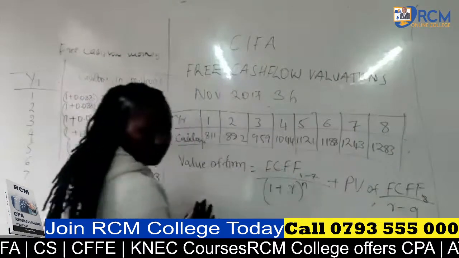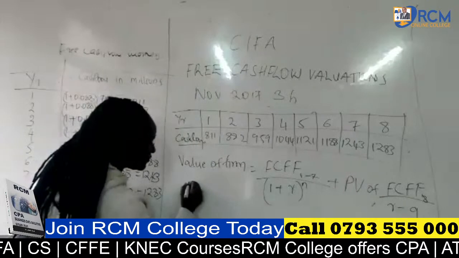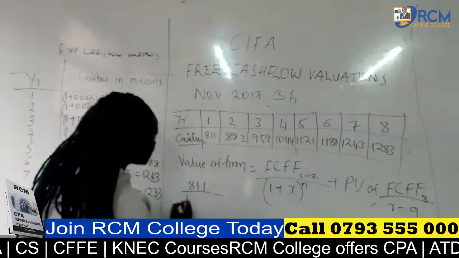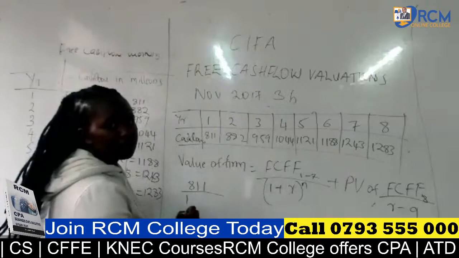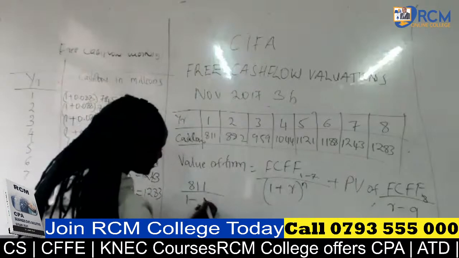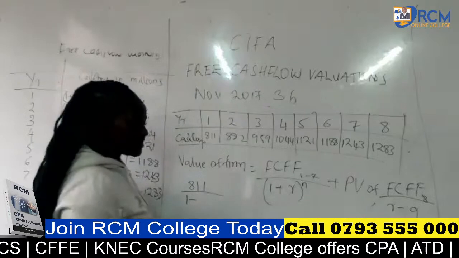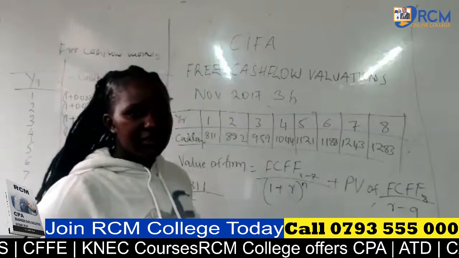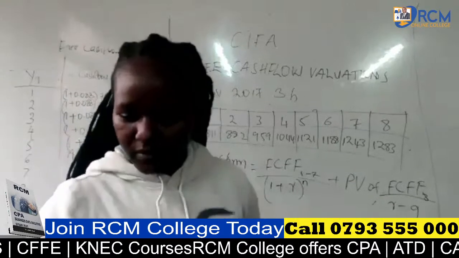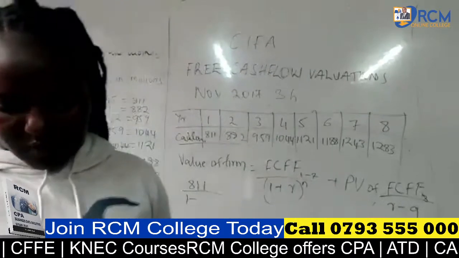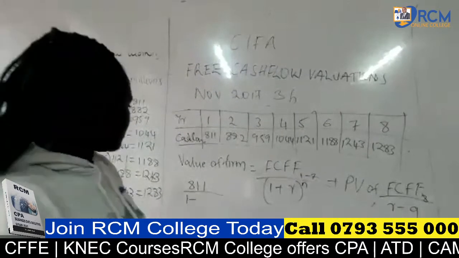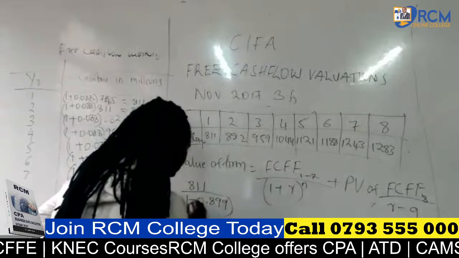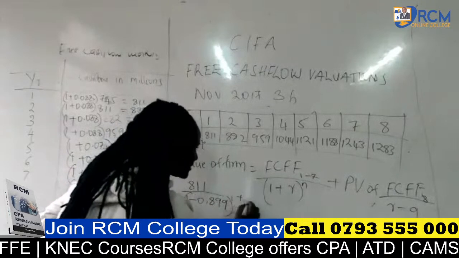For year 1, we have 811 divided by 1 plus our rate. What is our rate? 8.94, we are discounting. Yes. Okay, we can just call it 1.0899.